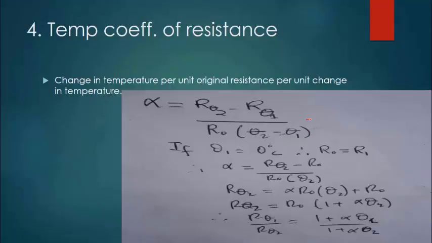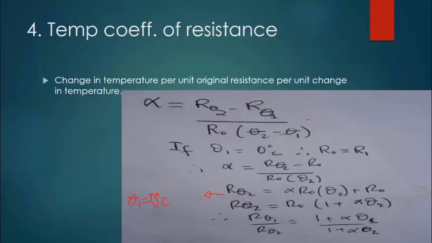this is the general equation, but we use this equation only when we are referring to the initial temperature theta 1 as 0 degrees centigrade. As such, that's the only case where R theta 1 can be equal to R0.